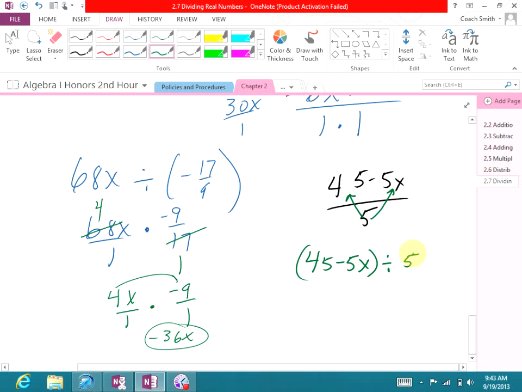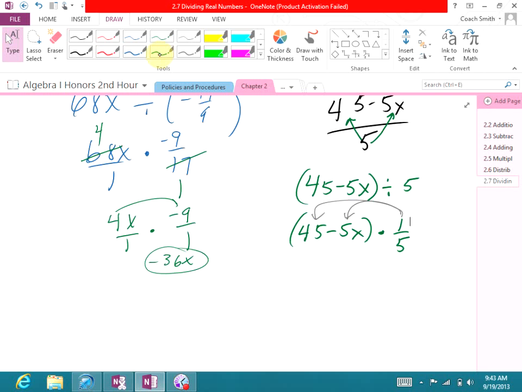That's the horizontal version of that same problem. Well, that means I got to do this. 45 minus 5x in parentheses times the reciprocal of 5, which is 1/5. Now I'm going to use the distributive property. I'm going to distribute to both of those.